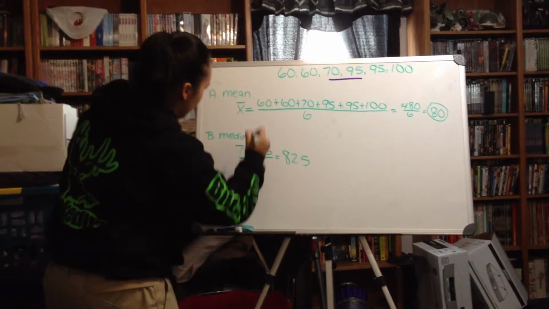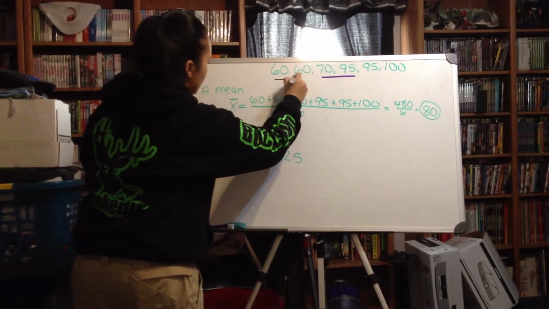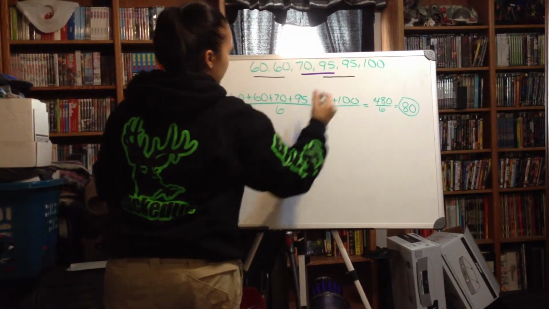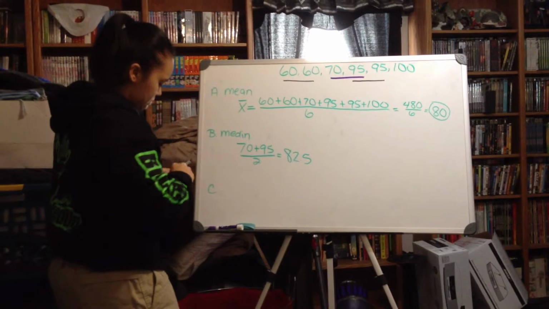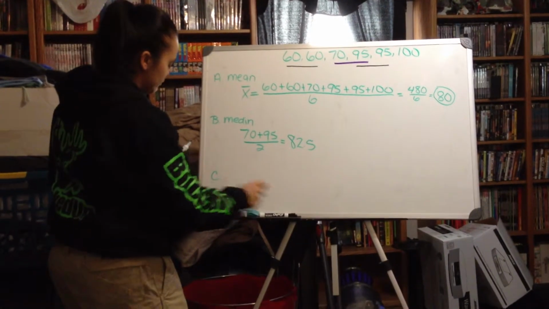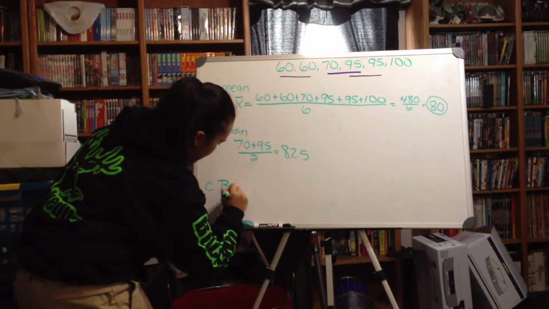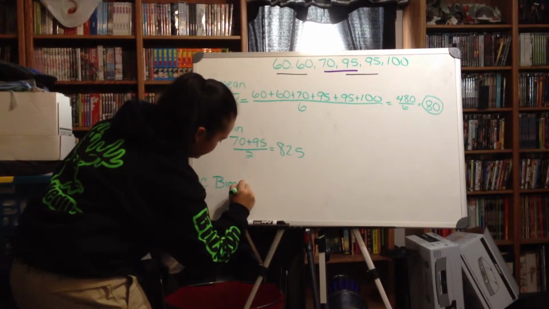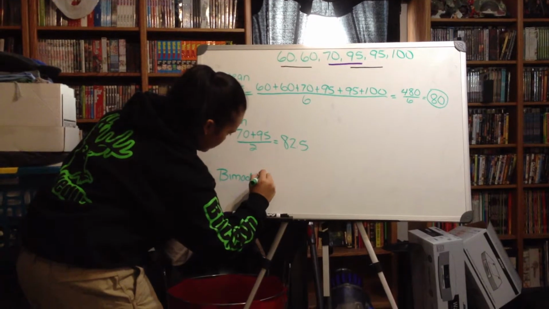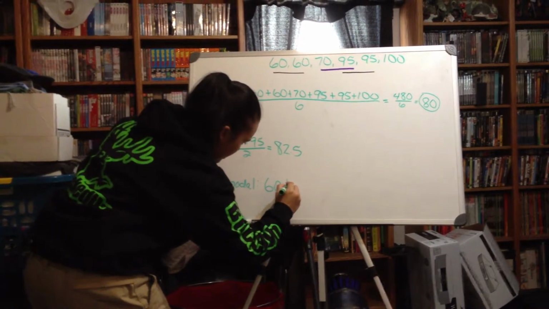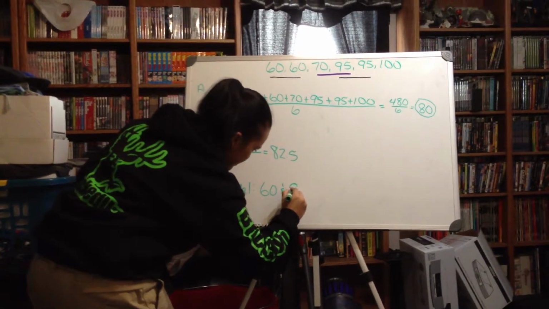So, we have 60 and 95 up here. Bimodal, which means we have two. I'll put that down here. Bimodal: 60 and 95.